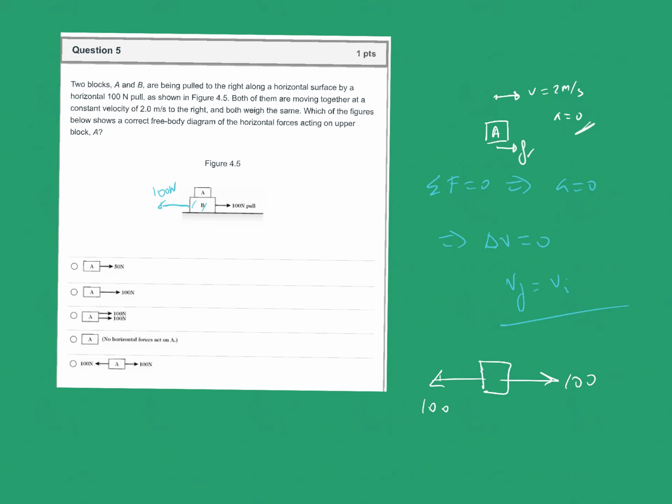So the correct answer is that the object A is moving with constant velocity because, according to the first law of Newton, something moves with constant velocity because nothing is acting on it. So this is the correct answer, this one: there is no horizontal force on A.